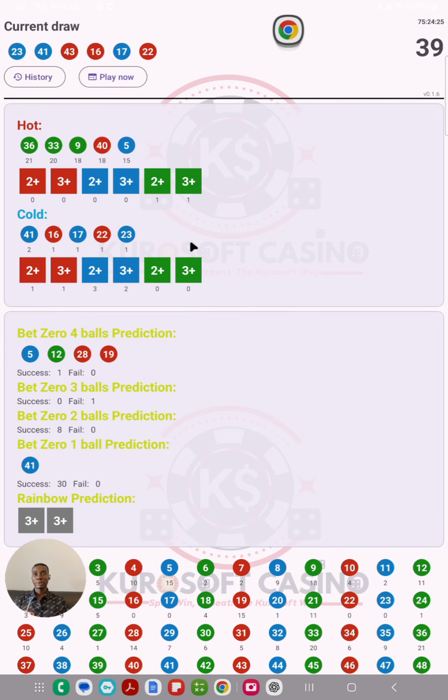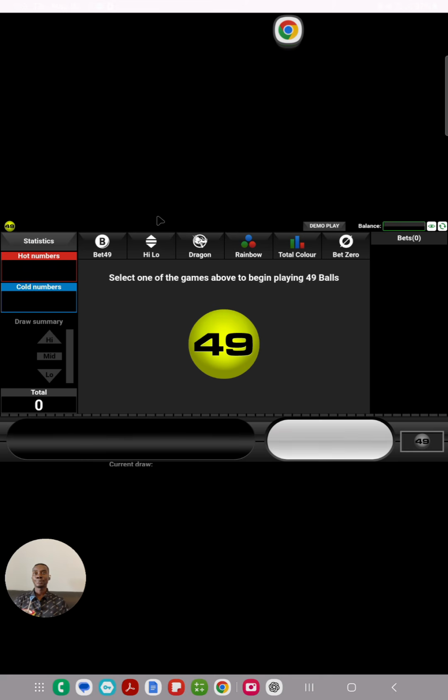So just like I said, you can see how the green breaks, meaning the green did not appear 2 plus. So now the blue is on top, so we can go and play for the blue.